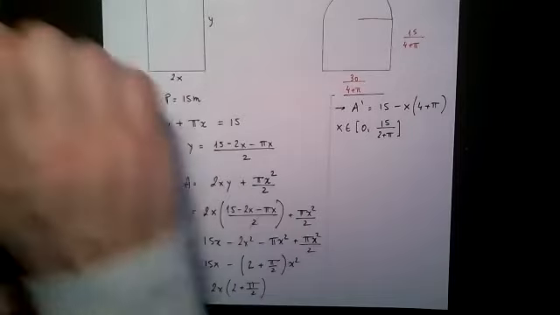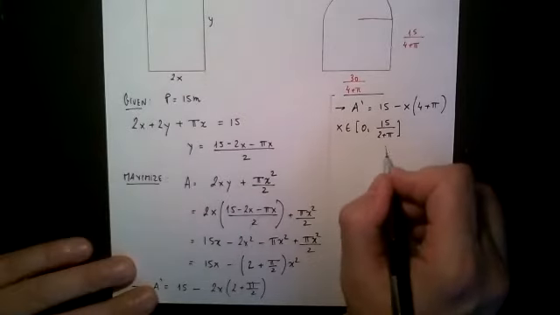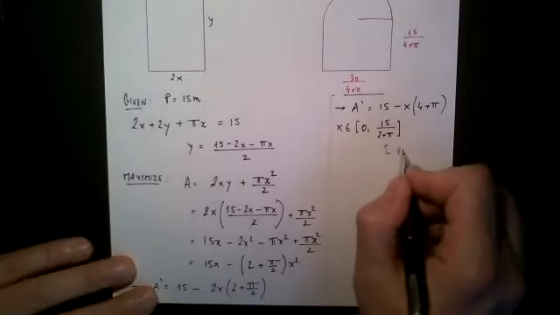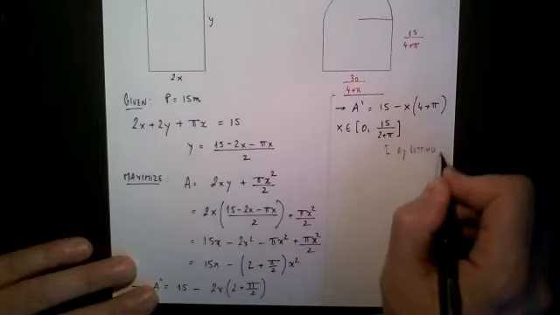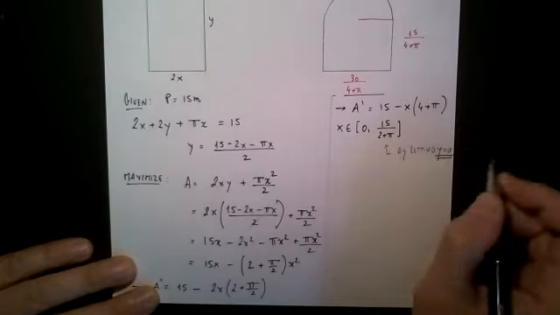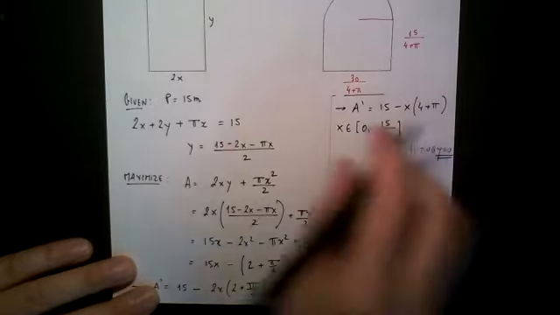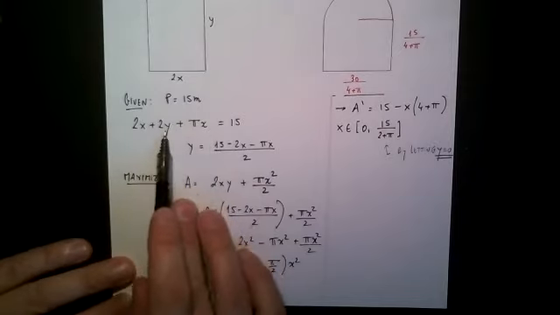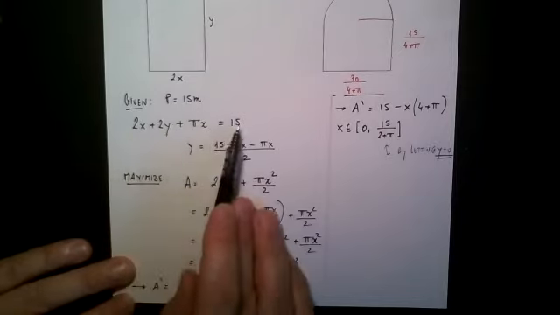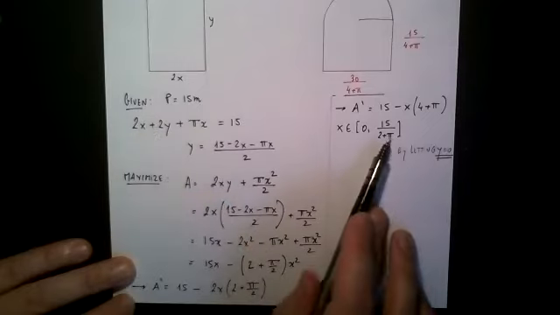Okay, so how do I get this? By letting y equal 0. In here, y equals 0. Factor out an x, 15 over 2 plus pi.